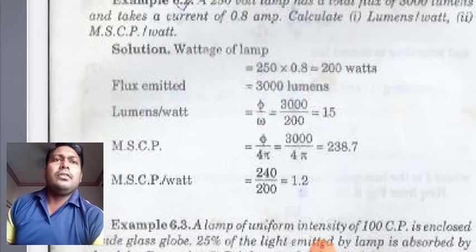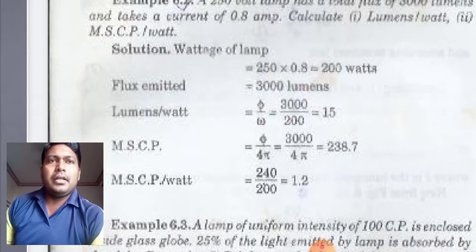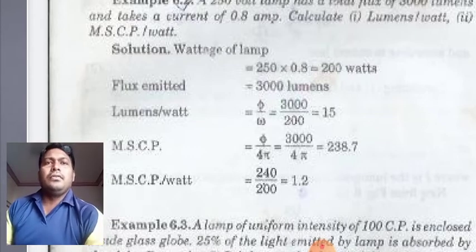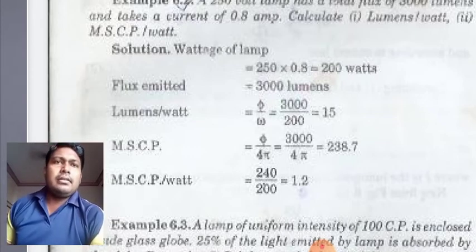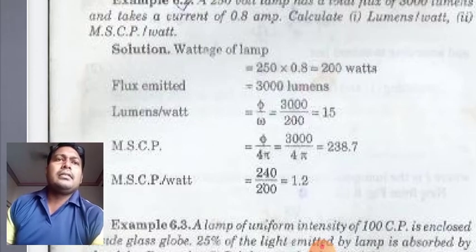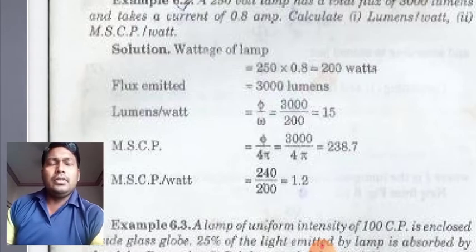Lumens per watt is equal to phi divided by watts. So what is the value of phi here? 3000, and the value of watts is equal to 200, which comes out to be 15. So MSCP is equal to phi divided by 4 pi, which is 3000 divided by 4 pi, which will give you 238.7, or approximately 239.